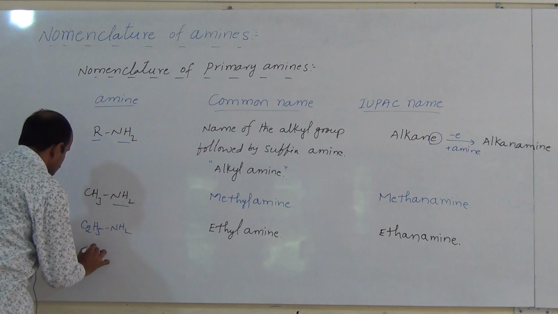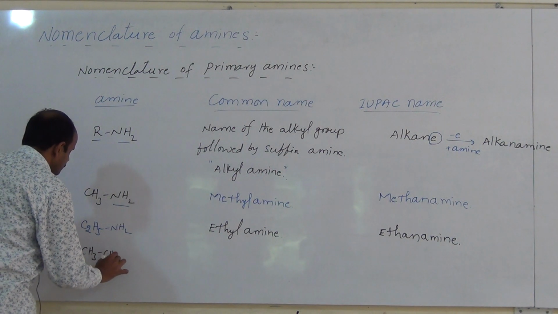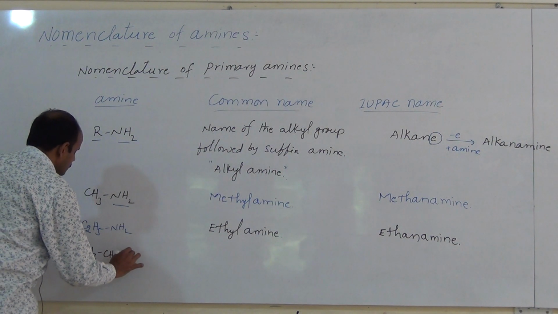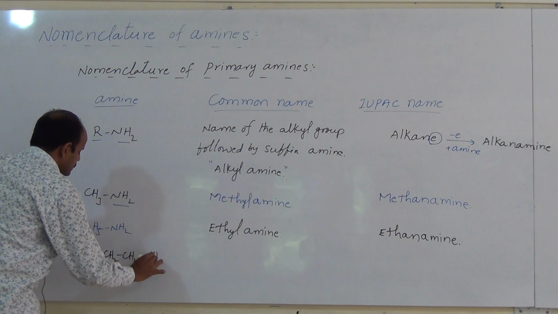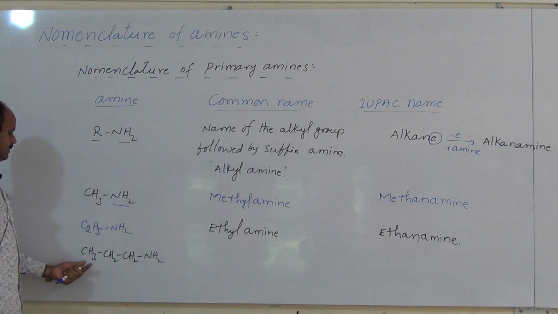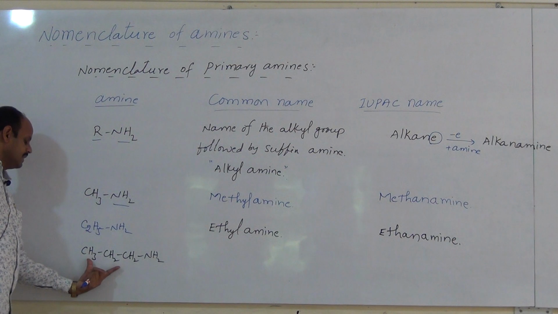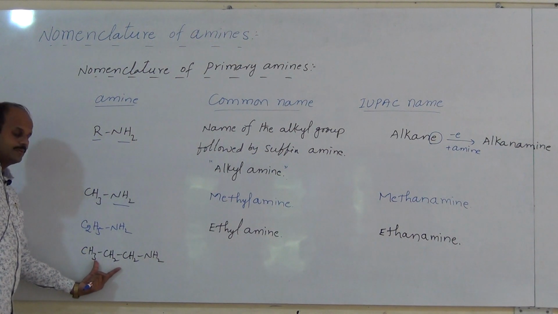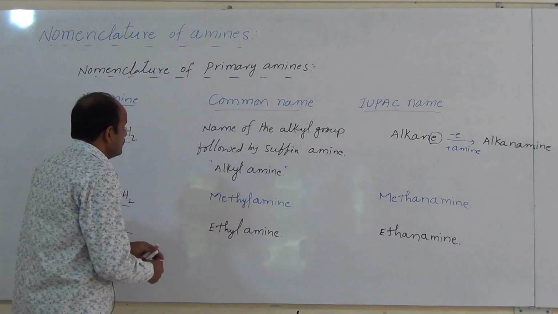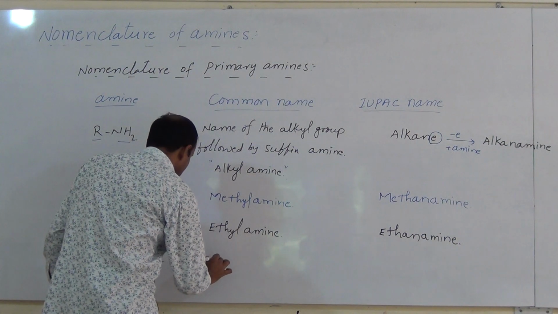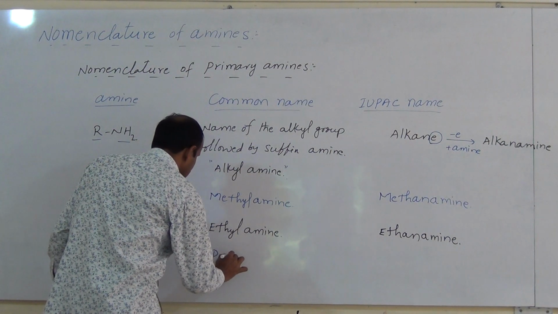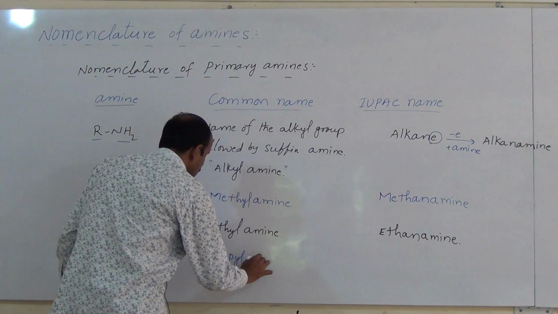Similarly here, CH3CH2CH2NH2. How many carbons are there? Three carbons. Hence the three carbon alkyl group is propyl. The common name is alkylamine, and the alkyl group present is propyl.